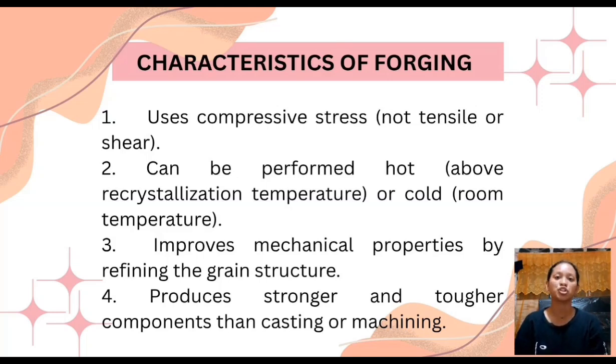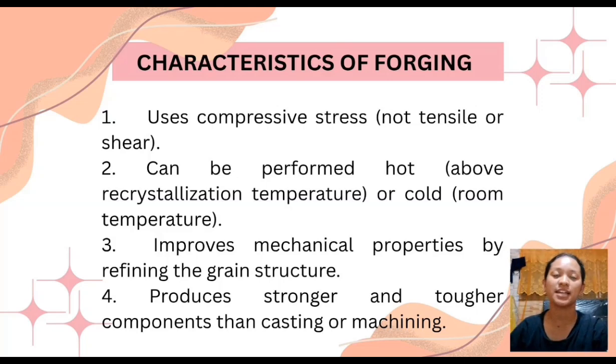In cold forging, it is done at or near room temperature. It increases strength through strain hardening but requires higher forces and is usually limited to simpler shapes. The choice depends on material, desired properties, and shape complexity.